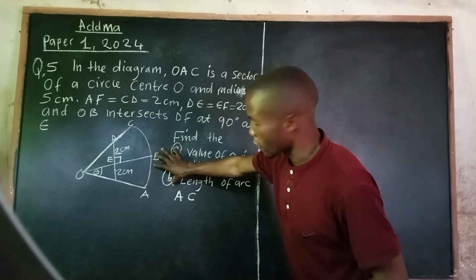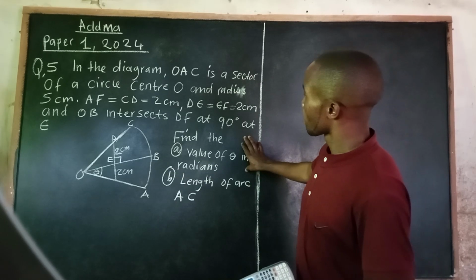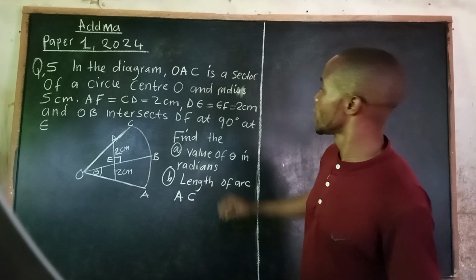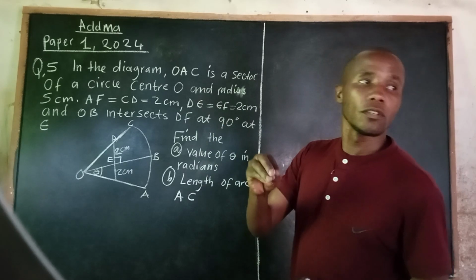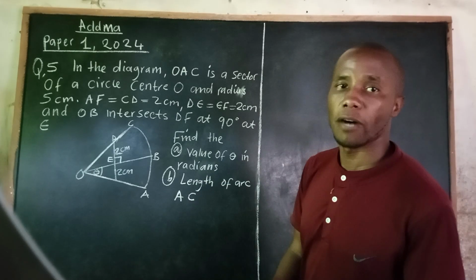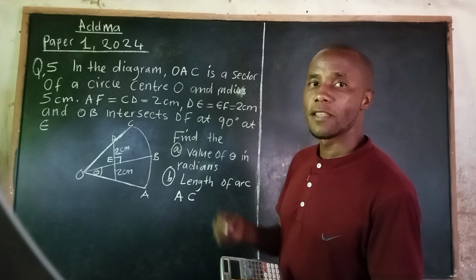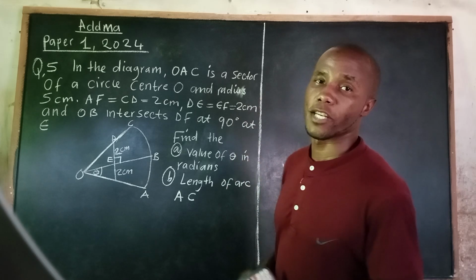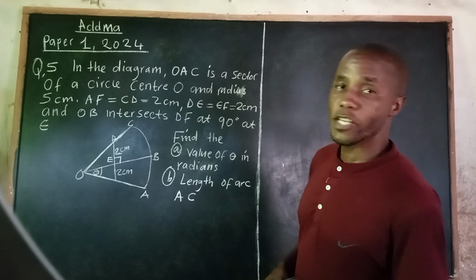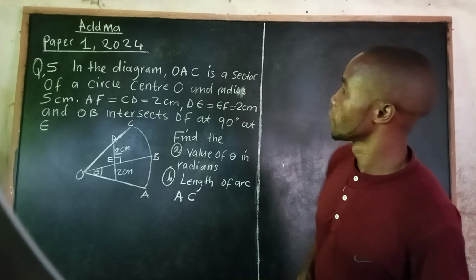Now that we've identified the topic, it is going to be very easy for us to know how to go about it. So let us go through the question and see how best we can answer it.